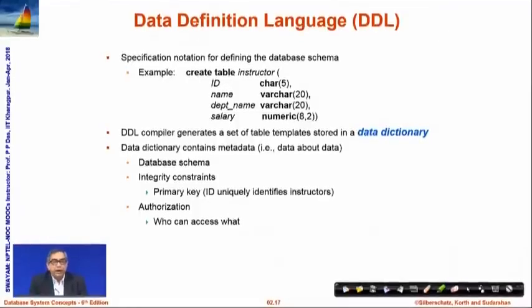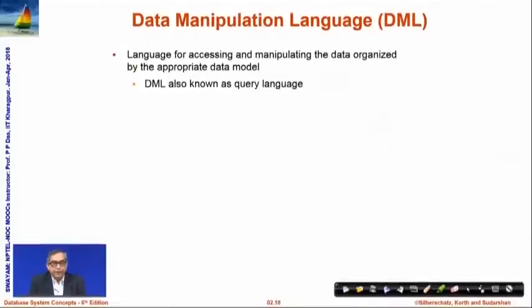It could say that the account balance cannot be negative, or cannot be less than the minimum balance. These are different integrity constraints. It could say that this is the primary key. We will talk in more depth about what a key is. It could also specify the authorization as to who is allowed to access which part of the data and so on. These all are part of the schema definition and form the DDL of the language.